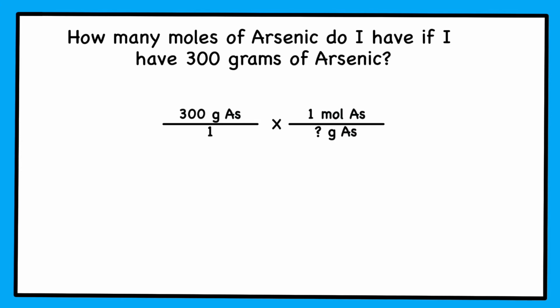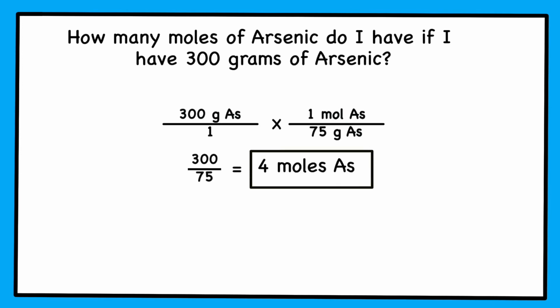So instead of X grams of arsenic, I'm going to put 75 grams of arsenic. Now, basically, this turns into a multiplication and division problem. And so I take 300 times 1 and 75 times 1, and I get 300 over 75, which equals 4 moles of arsenic.